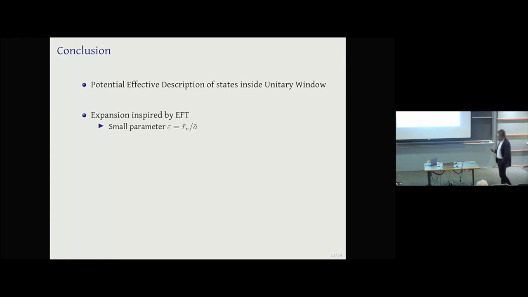This potential has been kind of inspired by effective field theory. My simple point of view is that if you have a small parameter, like a kind of Taylor expansion, you should have your description of the observable order by order better in a controlled way.